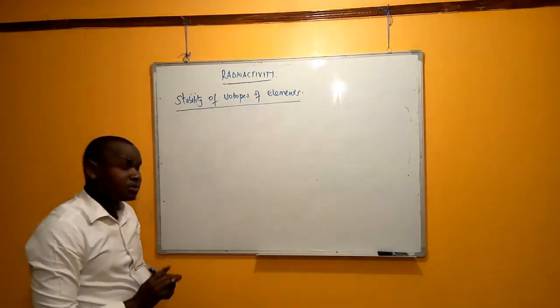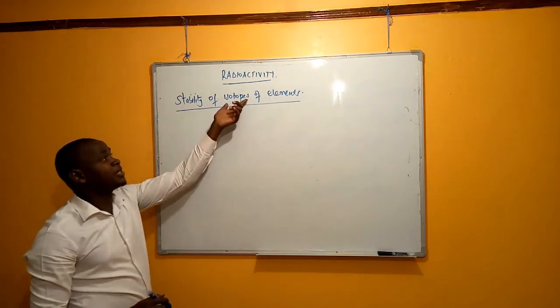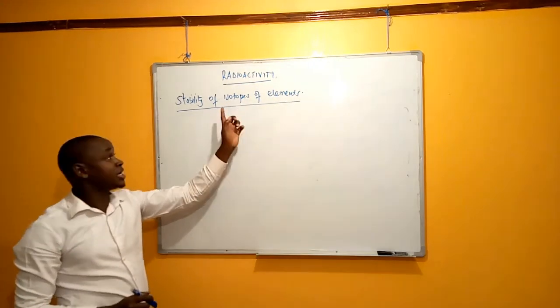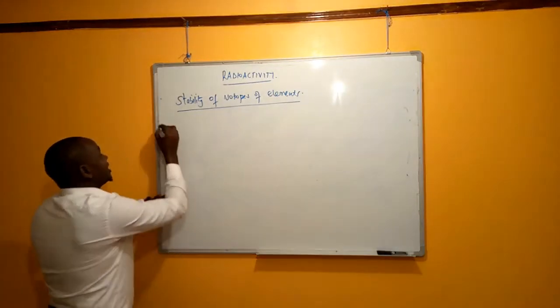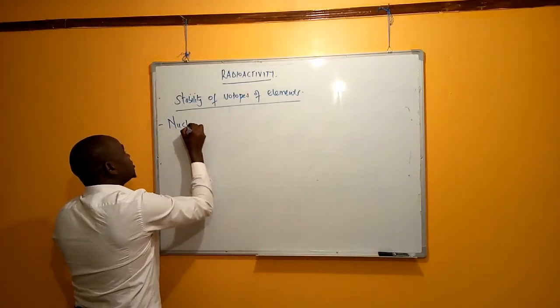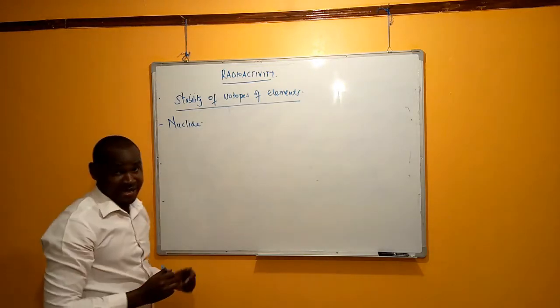Now, when we talk about stability of isotopes, there is a term that has been introduced here, a term that you came across in chemistry book 2, isotopes. But before we come to isotopes, I would like us to define a term called nuclide. I would like us to understand what a nuclide is.